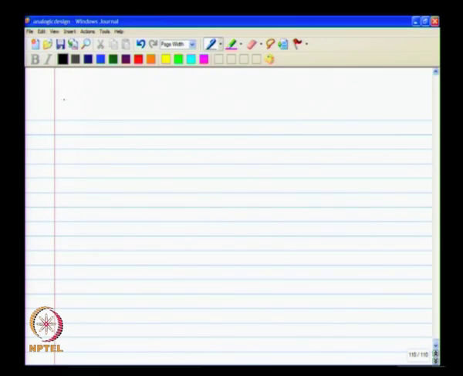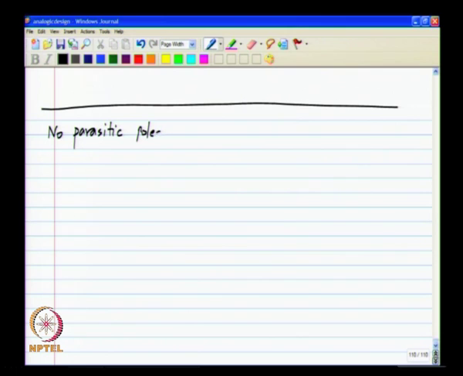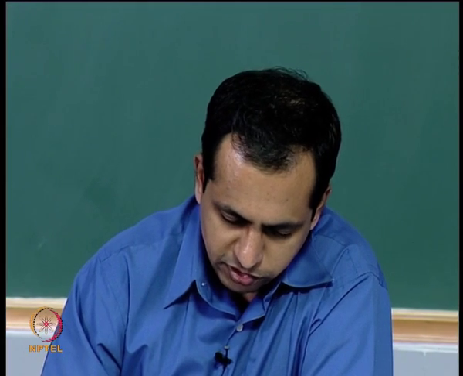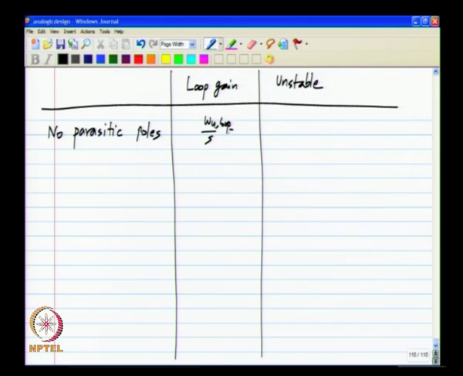Okay. So, let us say we have the case where there are no extra poles. Okay. And this is the ideal case that we had considered, and in this case the loop gain is omega u loop by s or omega u by k divided by s. Let me write it more clearly.